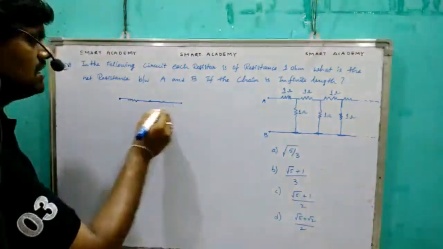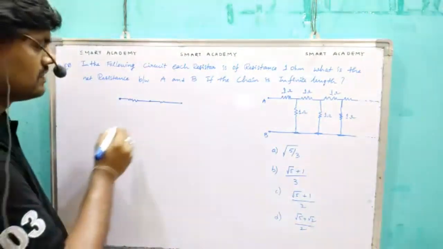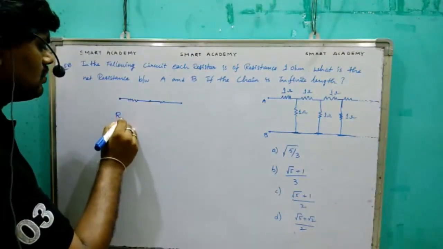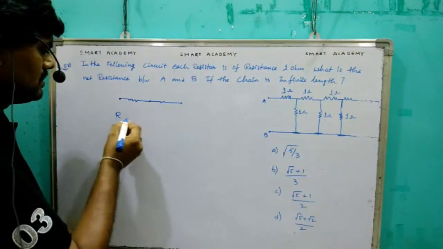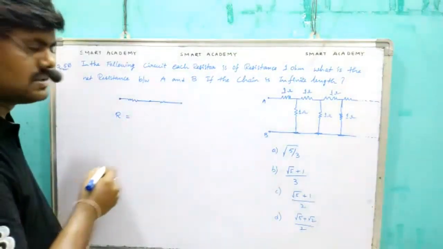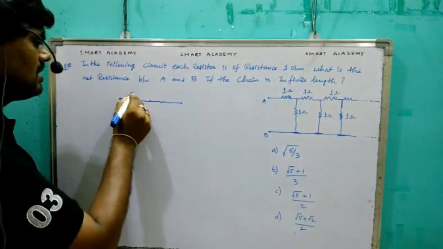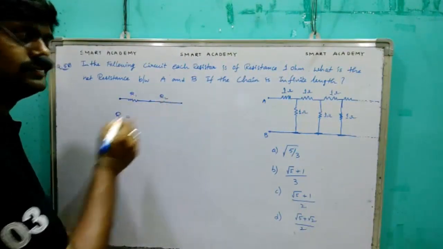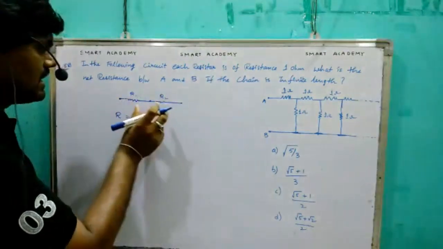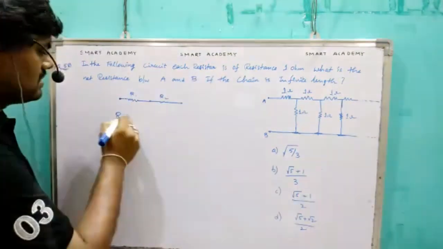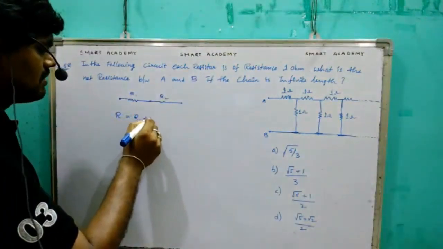Suppose we consider two resistors connected in series. Let them be R1 and R2. When connected in series, the resultant resistance is R1 plus R2.